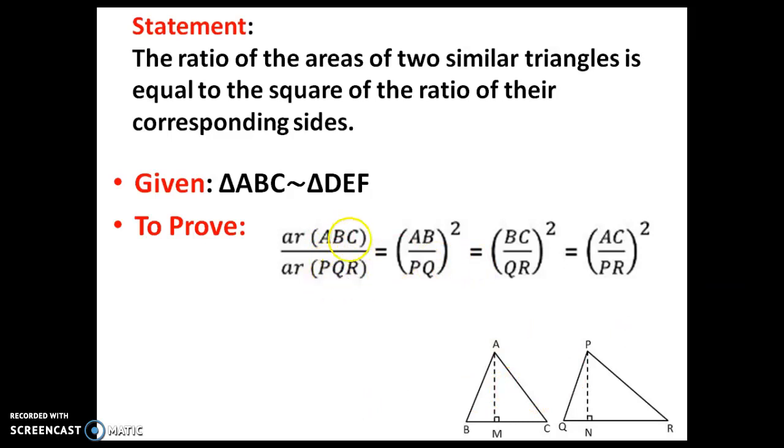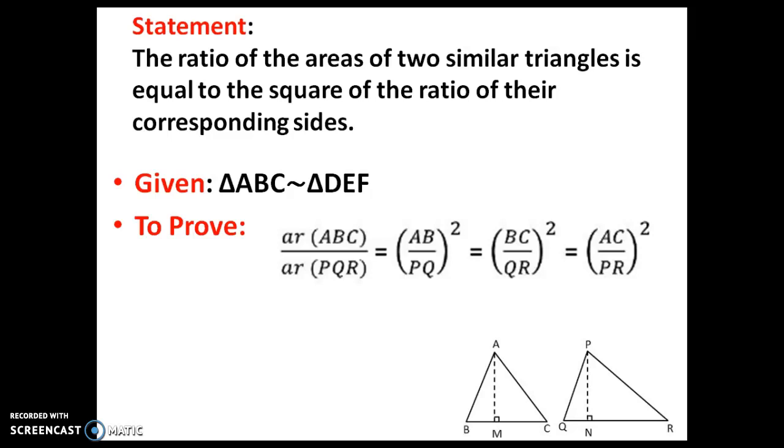For triangle ABC and triangle PQR, the ratio is equal to the square of the ratio of corresponding sides. Any side it can be, either AB by PQ or BC by QR, or any corresponding sides we can take, and the square of that ratio will be equal to the ratio of the areas of the triangles.